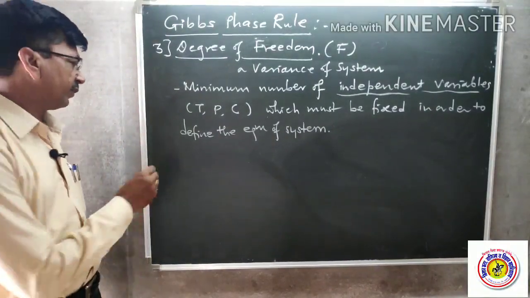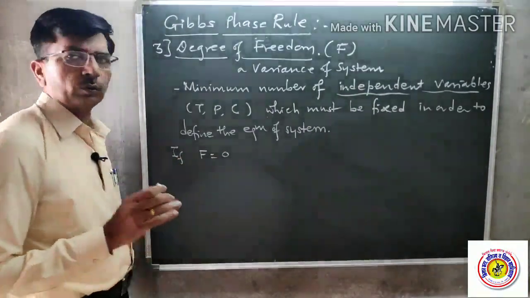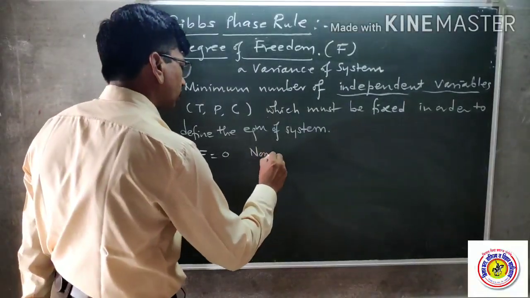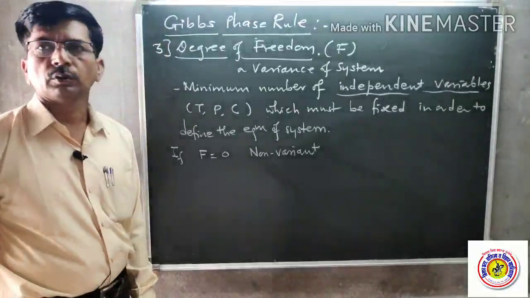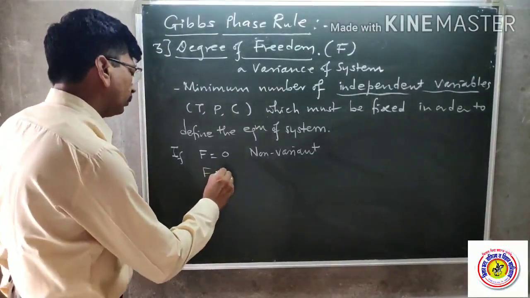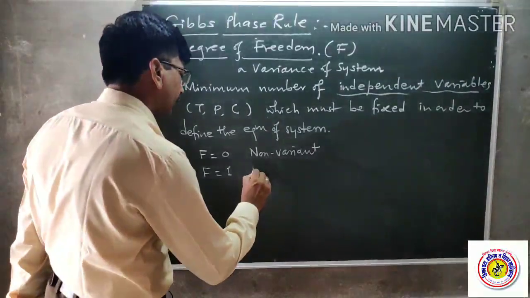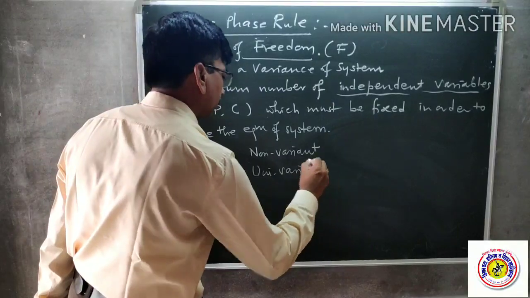Now, if the value of degree of freedom is 0, then we say that the system is non-variant. If F is equal to 1, it is called monovariant or univariant. That is, only one variance is there.